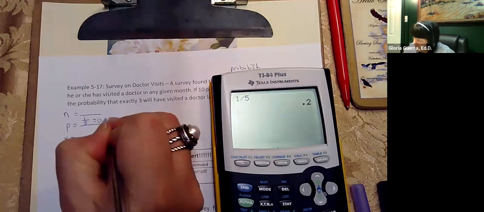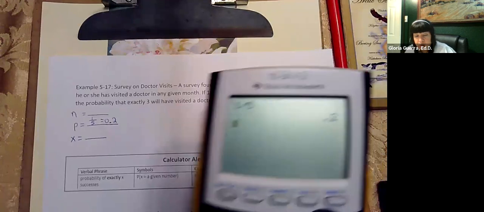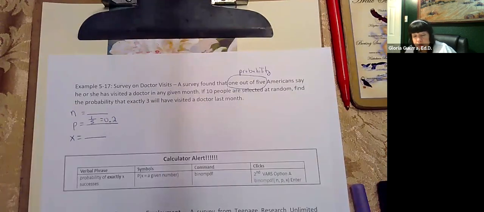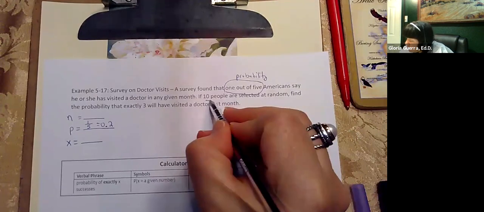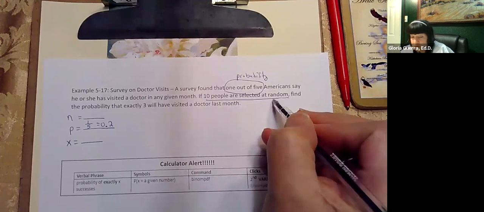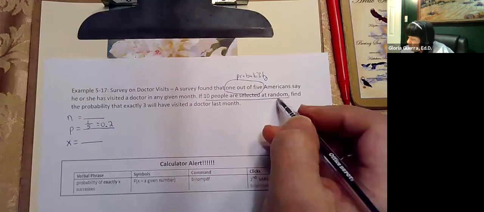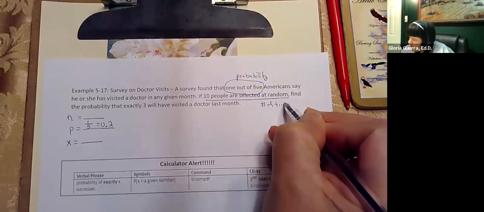And when we put this in the calculator, I'll use the 0.2. And if 10 people are selected at random, so that's another helpful keyword. Remember the word we said, random? Remember we said random tells you about your number of trials. So that's our N, 10.